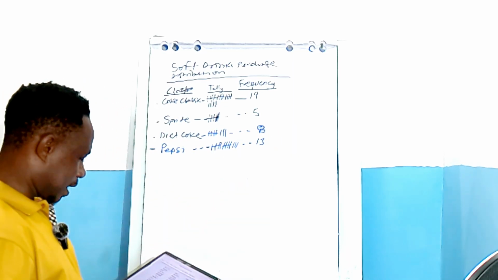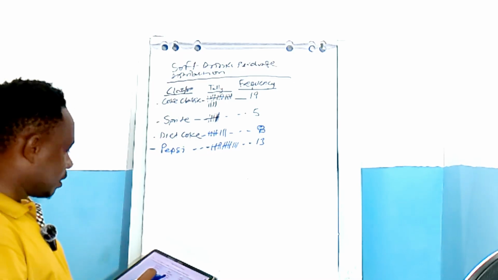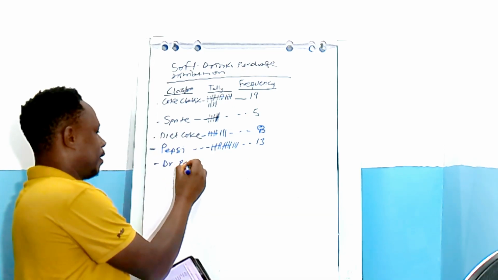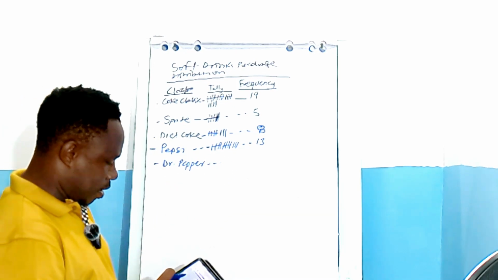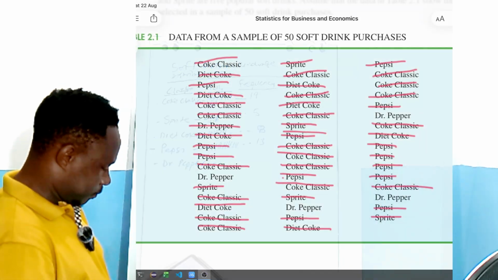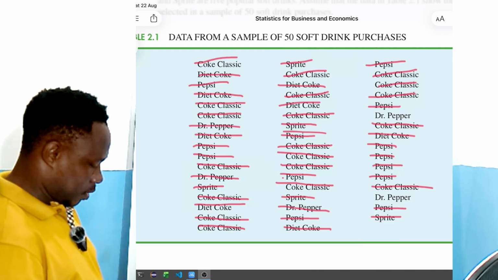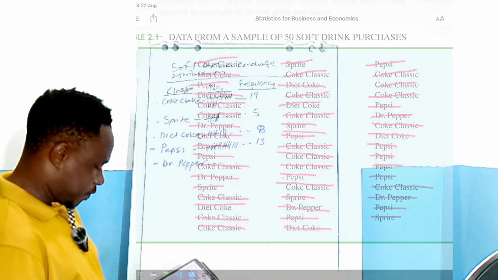We go back and look at which of the soft drinks is not marked. It is Dr. Pepper. And then again, we can go and count 1, 2, 3, 4, 5.